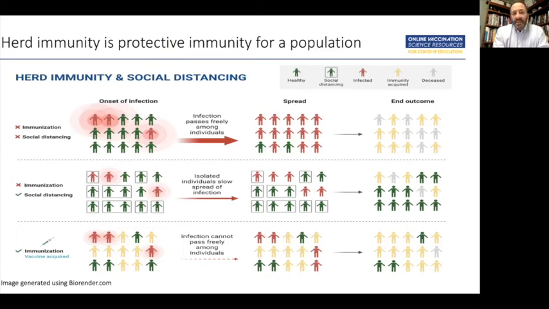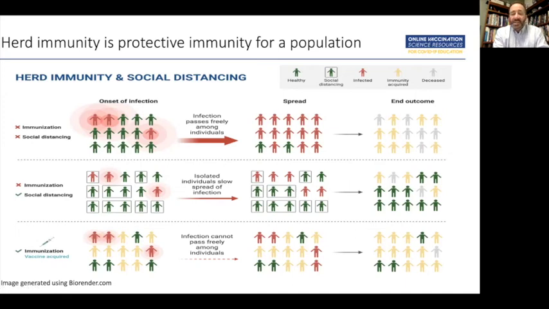You'll remember at the beginning that I showed you this animation of what happens with disease spread in the case of social distancing and in the absence of social distancing. So that is shown in the first two rows of this diagram. Again, we have healthy individuals in green, infected individuals in red, and individuals who have acquired immunity in yellow.